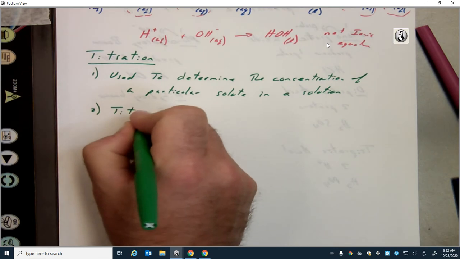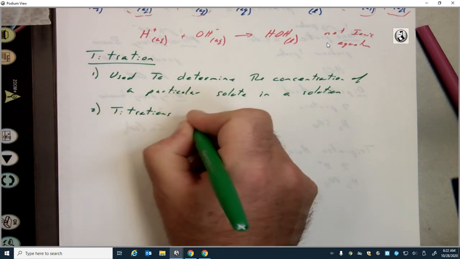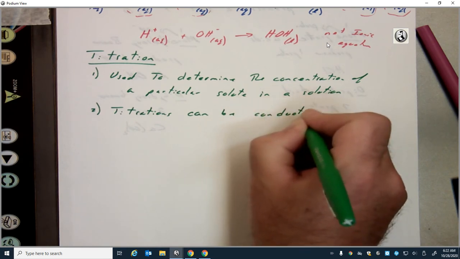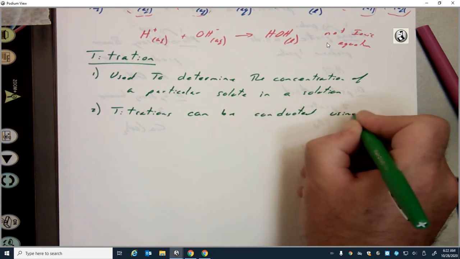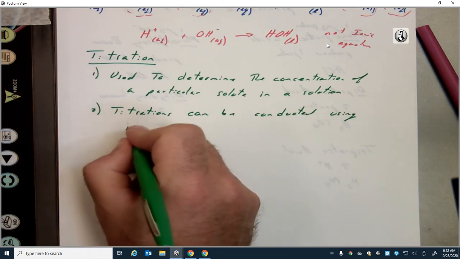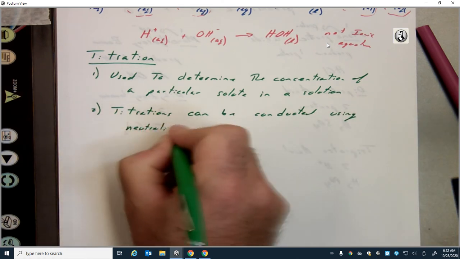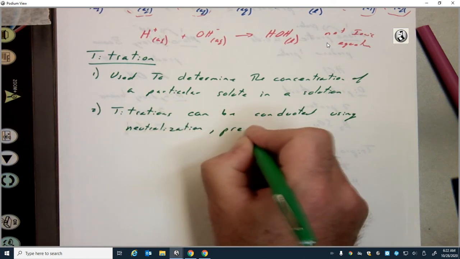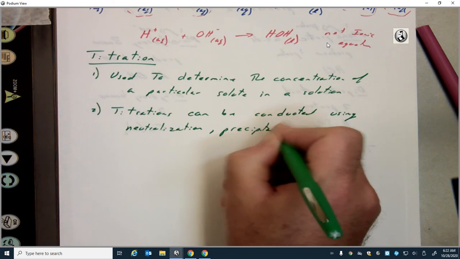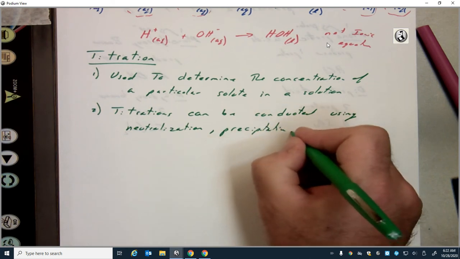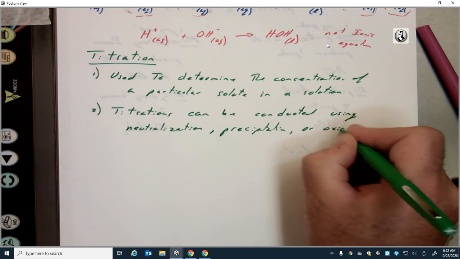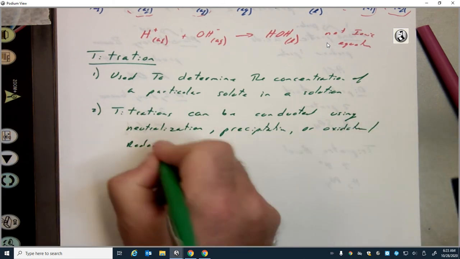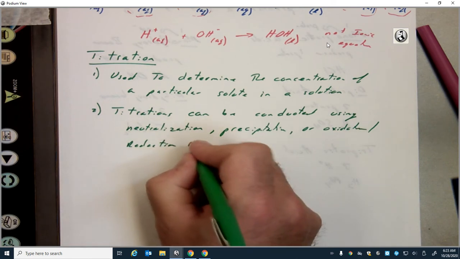So titrations can be conducted using neutralization, precipitation, or oxidation reduction reactions.